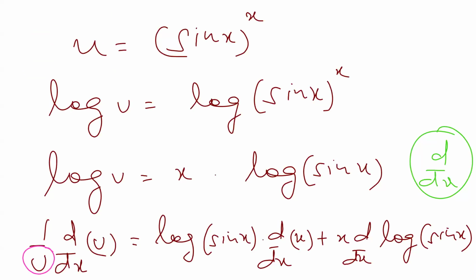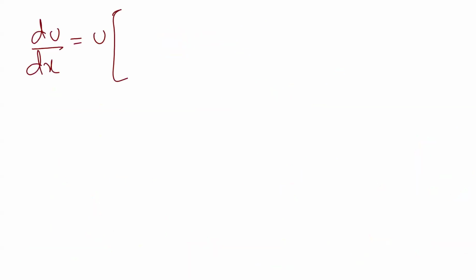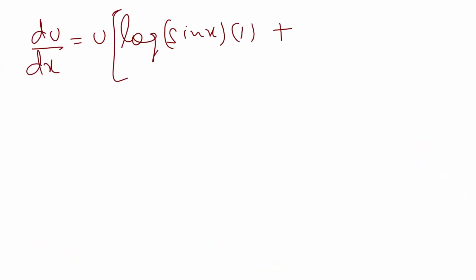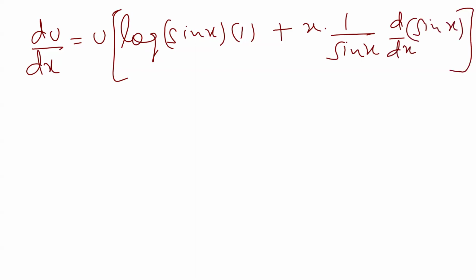So du by dx is equal to u, bracket, log sin x into 1 plus x d by dx of log sin x, that is 1 upon sin x d by dx of sin x. This is the chain rule. Derivative of log sin x is 1 upon sin x d by dx of sin x.